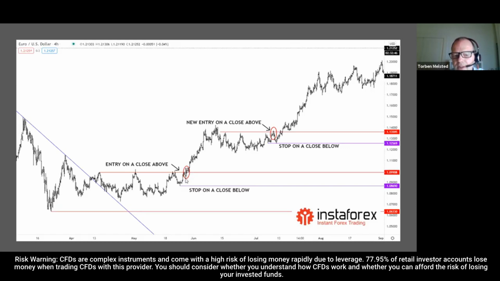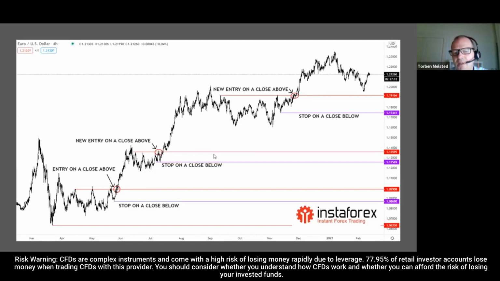This one you see here. Or the same over here, you can use this one. That's pretty close, and the risk of you getting stopped out is there, but still it would be a possible area for a stop if you have entered the market.